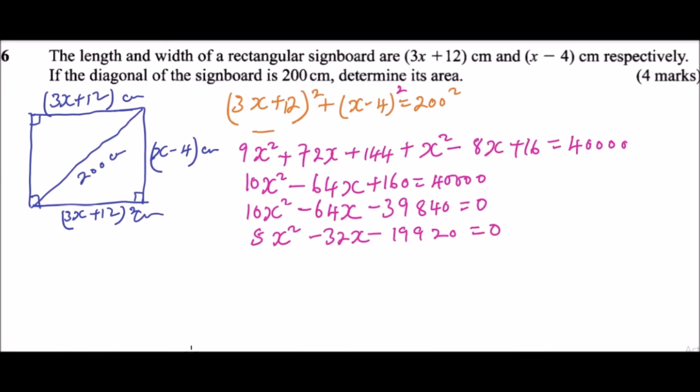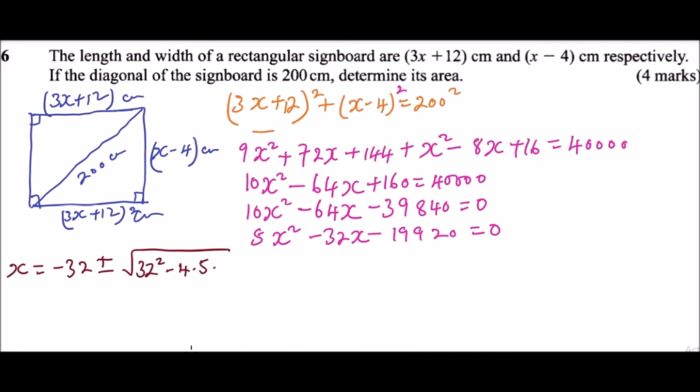So I said x is equals to minus 32 plus or minus the square root of 32 squared minus 4. Our a is 5 and our c is negative.